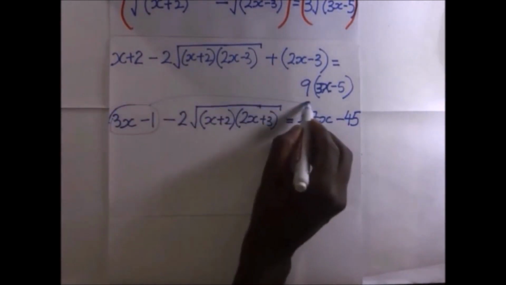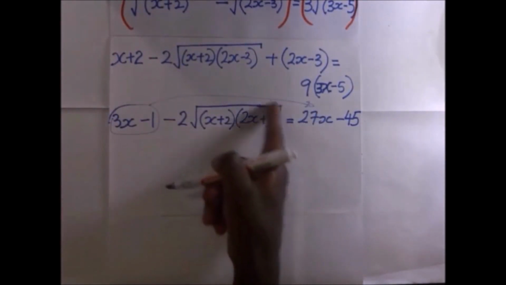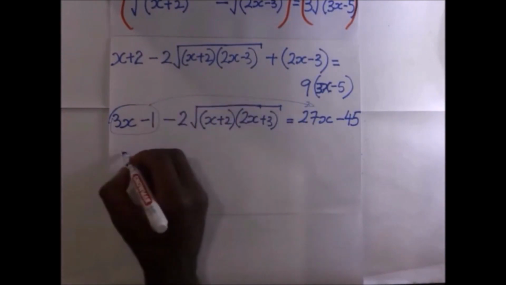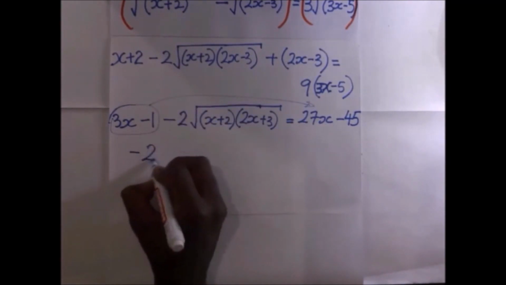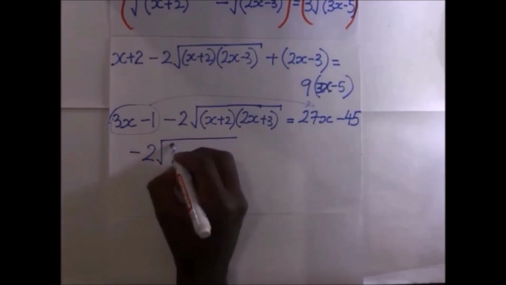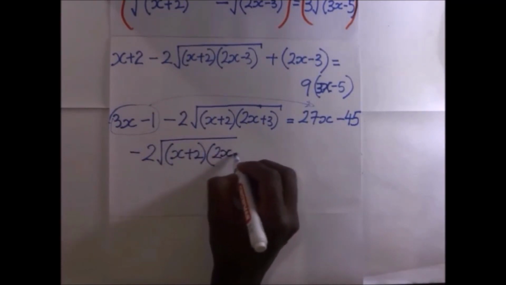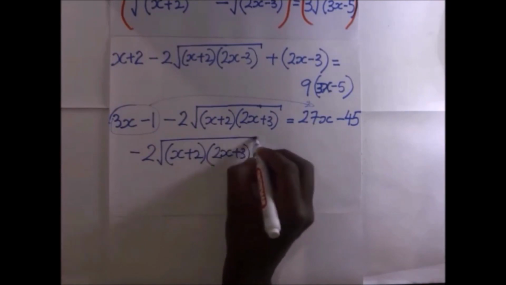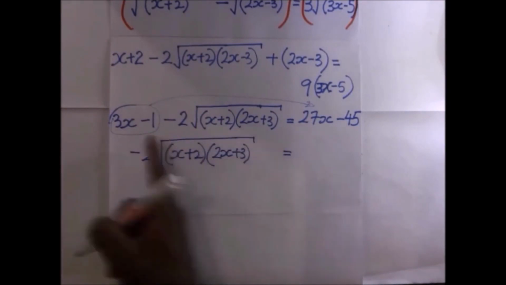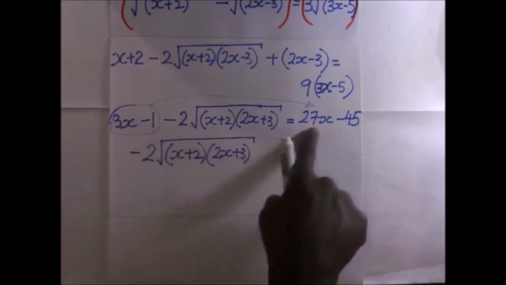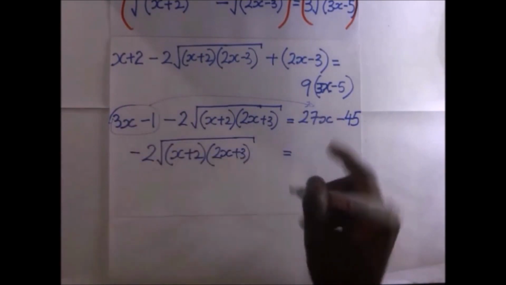It moves to that side of the equation so that we remain with only the square root term this way. So this way it remains as negative 2 into x plus 2 into 2x plus 3 is going to give us, now 27 minus 3x is going to give us 24x.